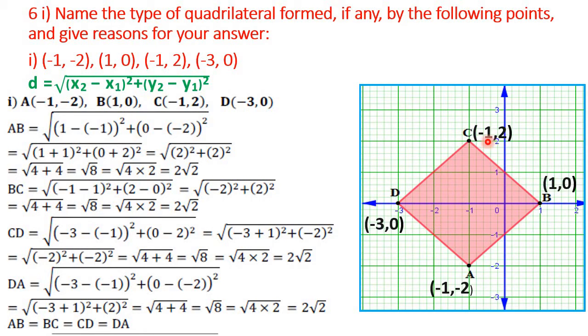If you draw all these points in a graph sheet and join AB, BC, CD and DA, we can notice that this is a type of quadrilateral which is nothing but a square. While observing before calculation, in a graph sheet, we can notice that these points form a square.